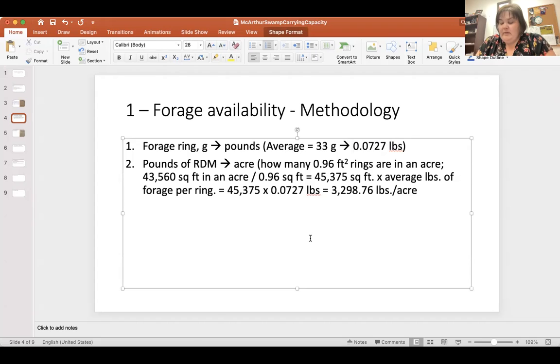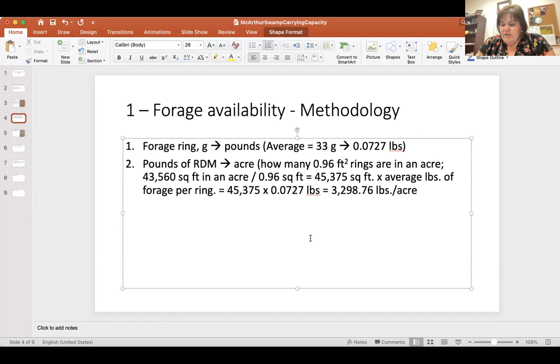Now I have to look back at what I actually did. Okay, so I asked Google how many square feet are in an acre. And it said it was 43,560.